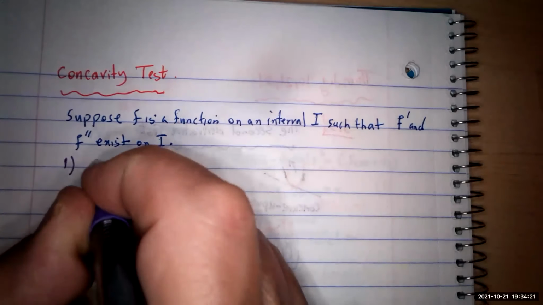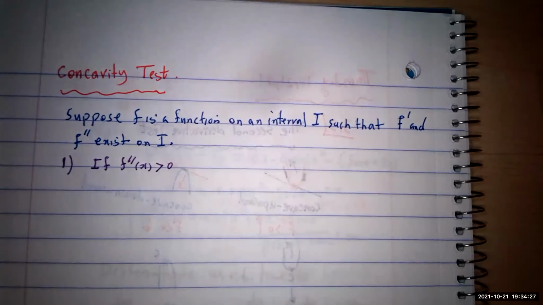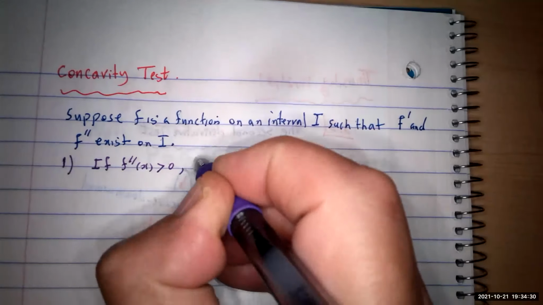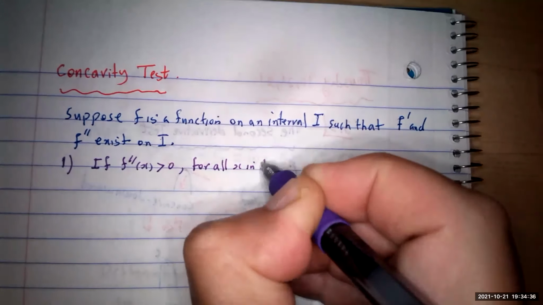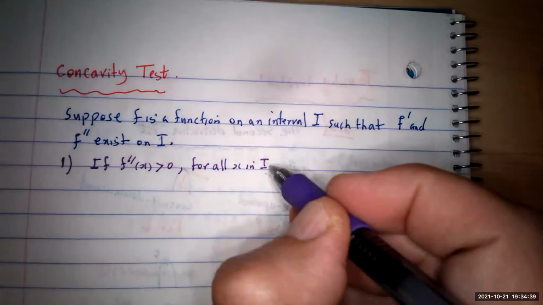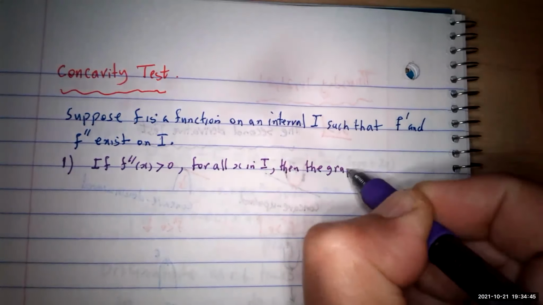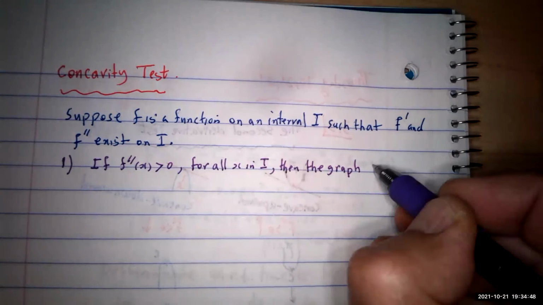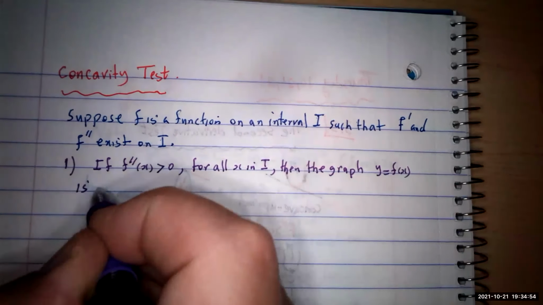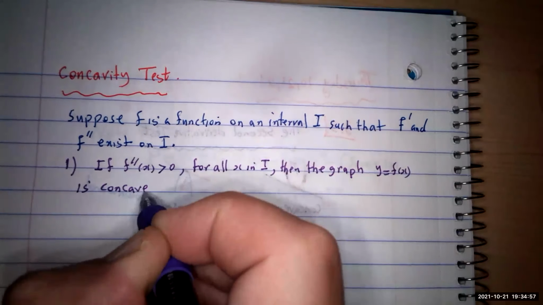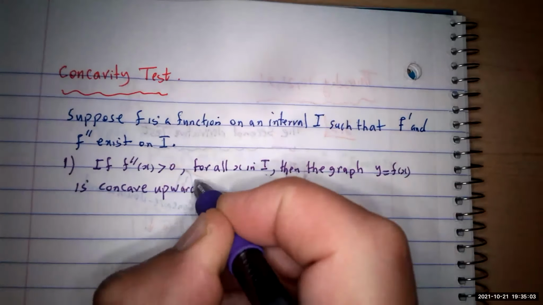So if f double prime of x is positive, of course for all x in the interval I, then the graph y equal to f of x is going to be concave upward, or curving upward on this interval.